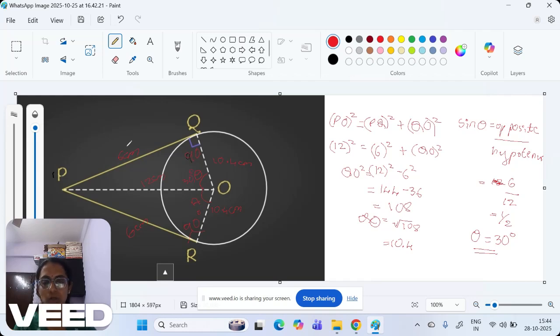Now also we know that the total of the angles in a triangle is always 180 degree.